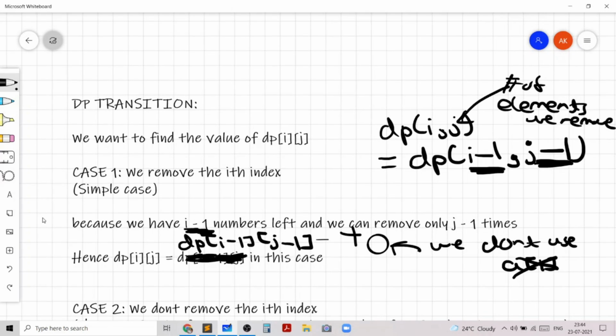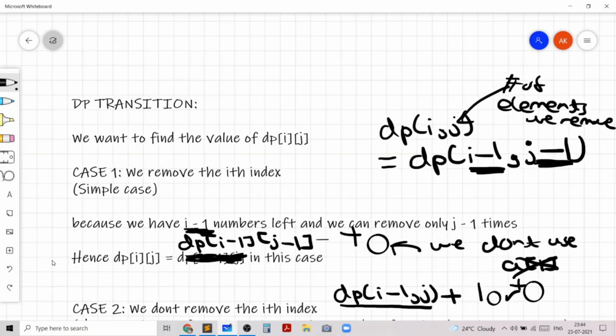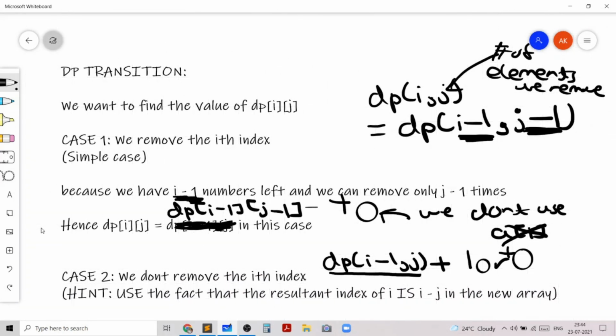The first term will obviously be dp[i-1][j], because we have i-1 numbers left, and we still have to remove j elements because we have not removed the ith element. So that is our term dp[i-1][j]. And again we do a plus 1 or a plus 0. The plus 1 will be in the case when the resultant index of i is i-j. This is a small hint for you. Think about what the resultant index of i is in the new array, and that's actually observation number 3.